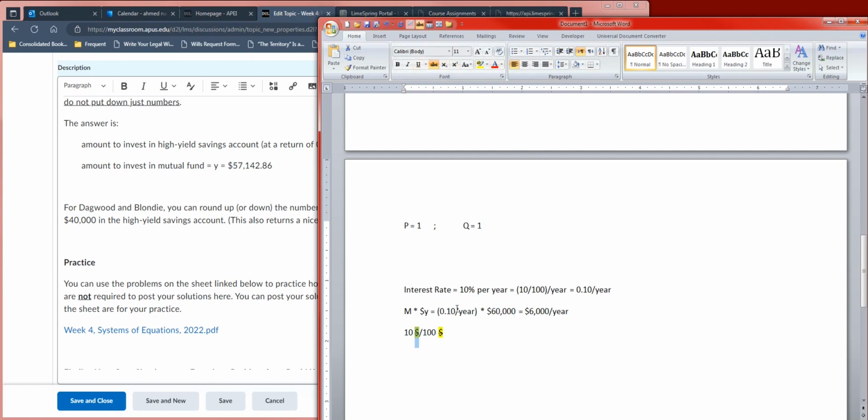So the magnitude of the rate here, the percentage here, is dimensionless.